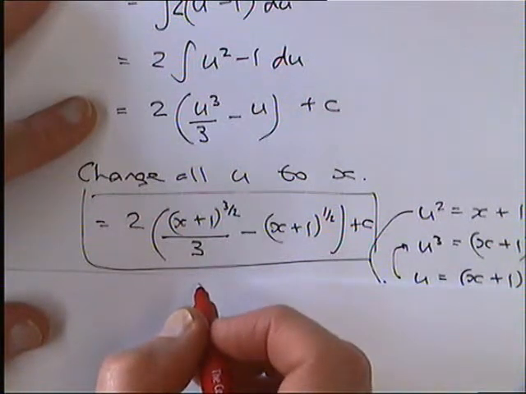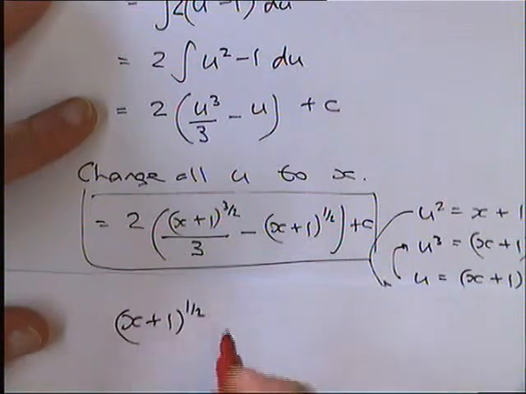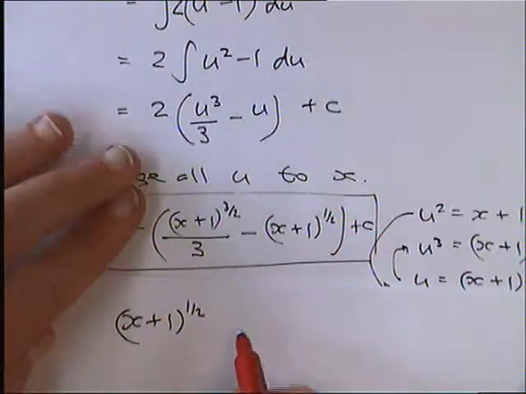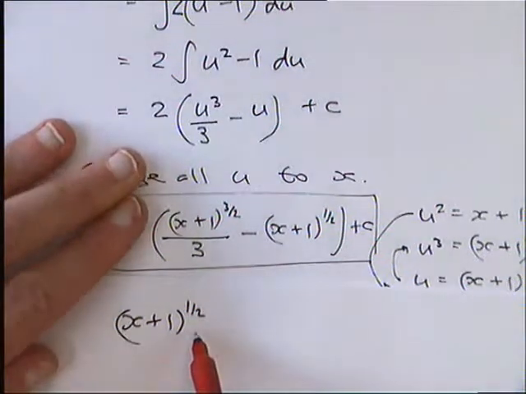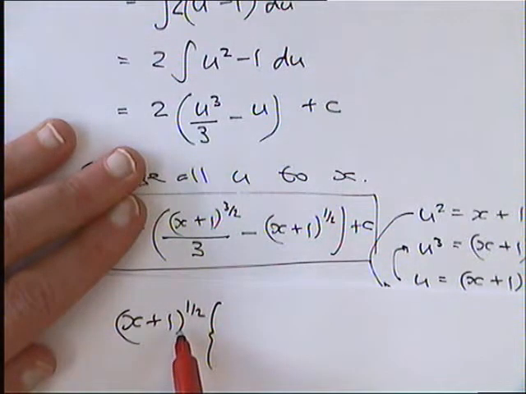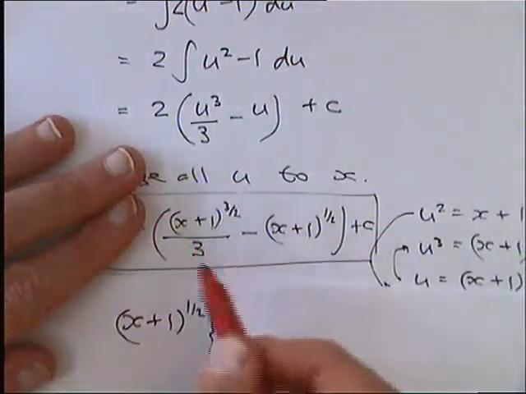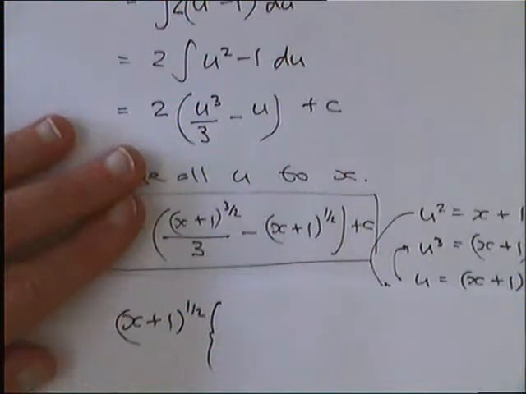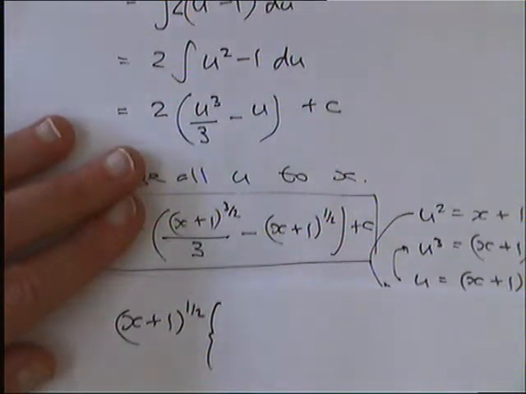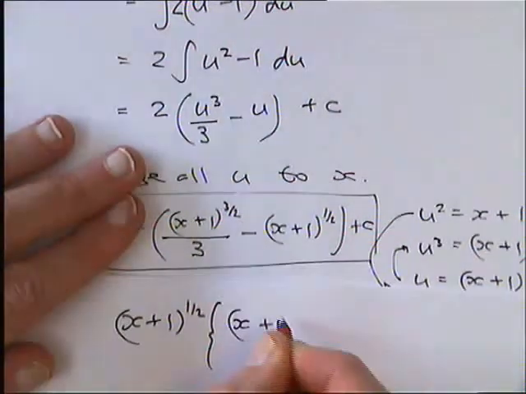Someone said? X plus 1 to the half, yeah? So I'm ignoring that 2 out there a minute. X plus 1 to the half. What do I times that by to get that? Not the power of 3.